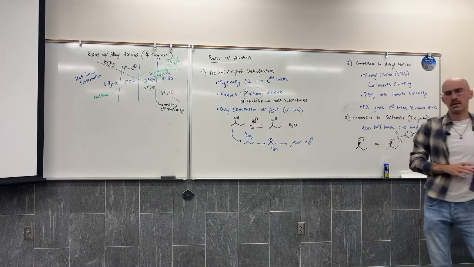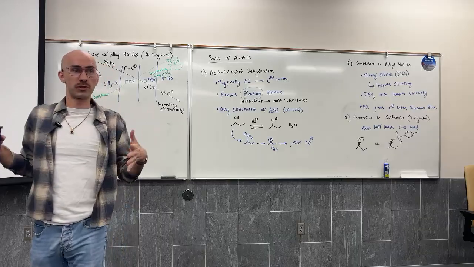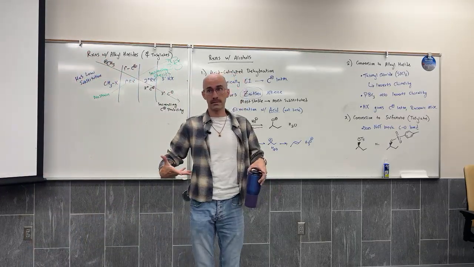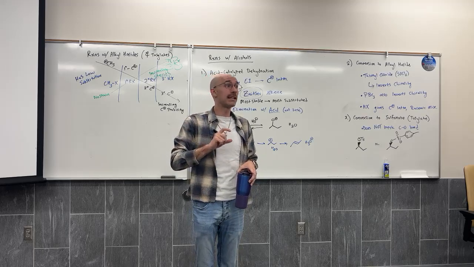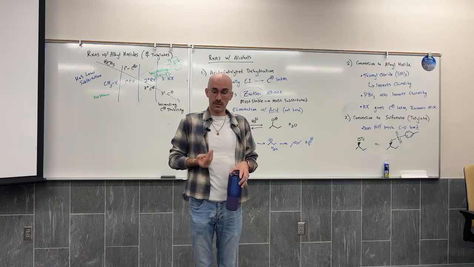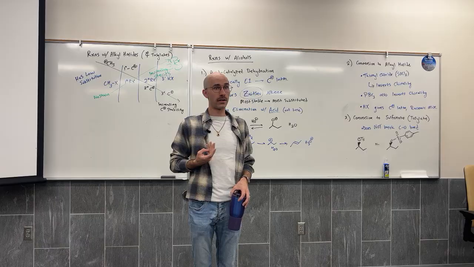Who cares? What's the problem if an alkyl halide has a bunch of groups around it? Well, remember that all those groups are magnets, and the alkyl halide carbon is an electrophile. It's a partial positive carbon. So that carbon can accept electrons from a nucleophile.